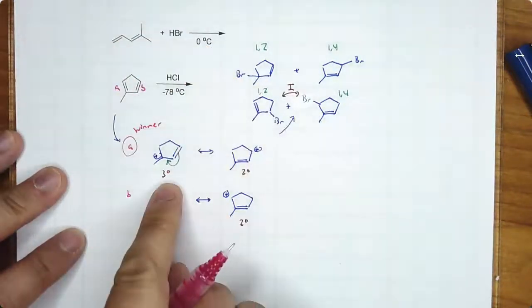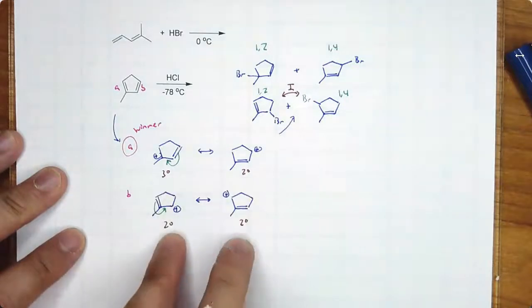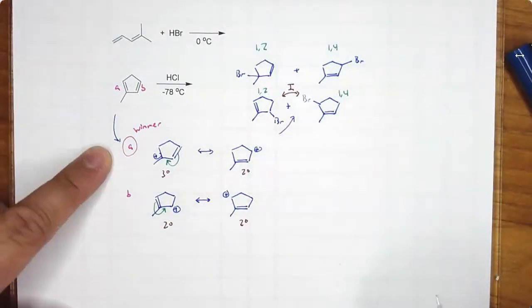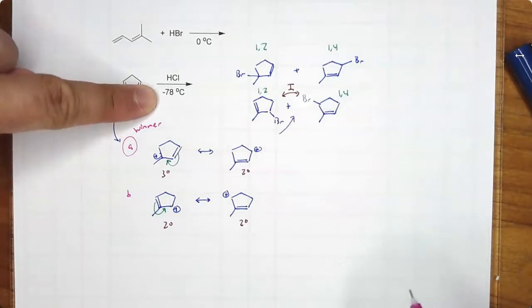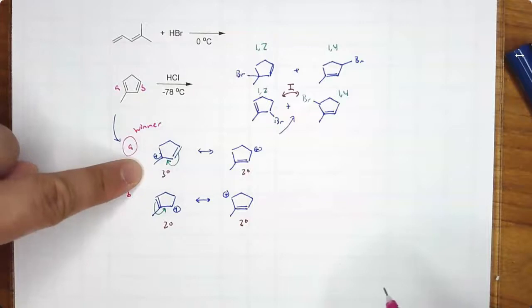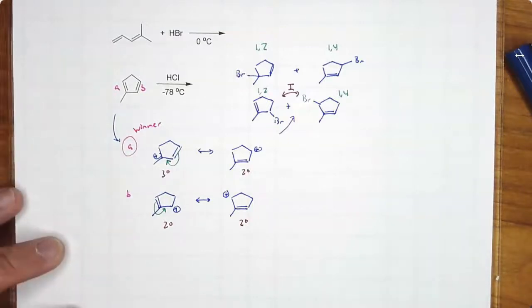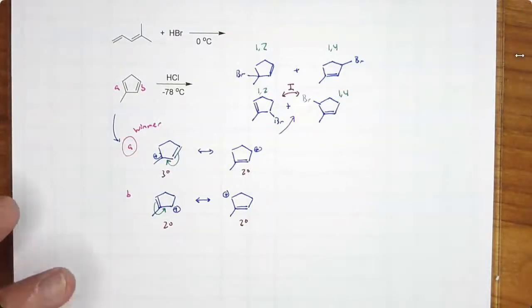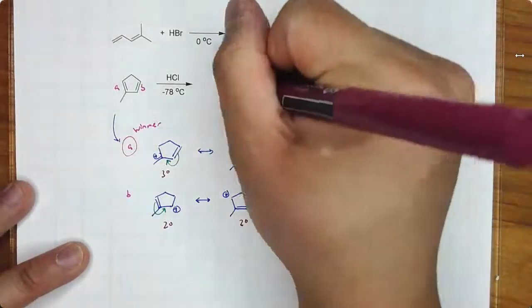Right? We have a tertiary and a secondary, and we have a secondary and secondary. This is the winner. Because the temperature is very, very low, negative 78 degrees, I want the kinetic product or the 1,2 product. Again, 1,2 is always the kinetic. That's the major.